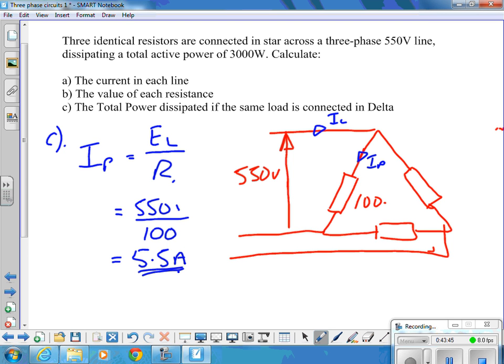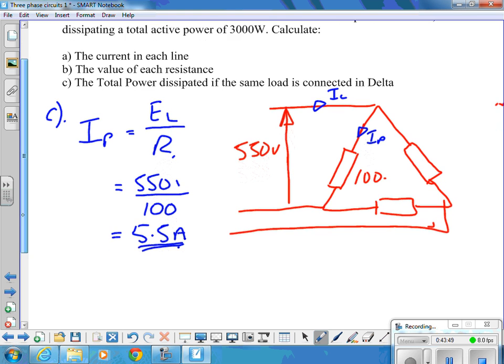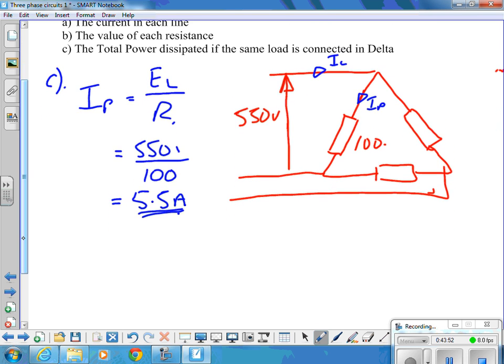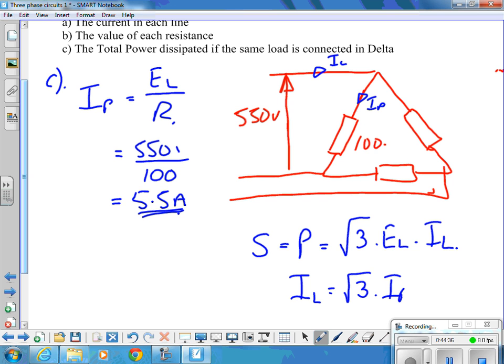How does that compare with the previous current? We know that S is, in this case, equal to P, which is equal to... and IL is equal to that.